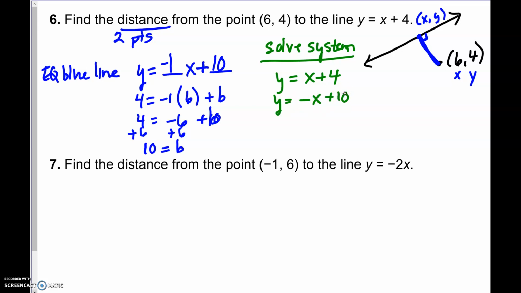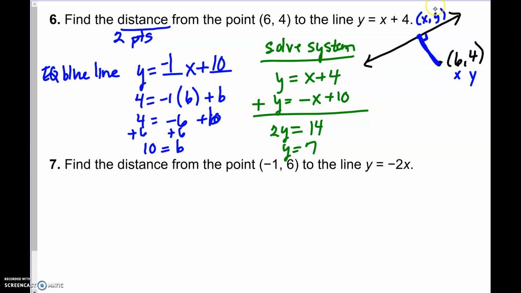Normally we would maybe put that into standard form, but everything's lined up here because they're in the same form. And as luck would have it, when we add straight down, we get 2y, and our x's cancel out because one's positive and one's negative, and they're both 1s. So 4 plus 10 is 14. Divide both sides by 2, and I get my y value to be 7.